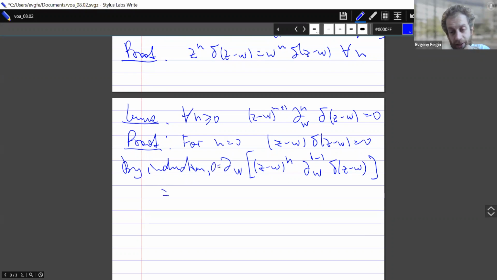And from the other hand, this produces, maybe I should write n plus 1 here. Okay. And then if we take the derivative, it gives us n plus 1.